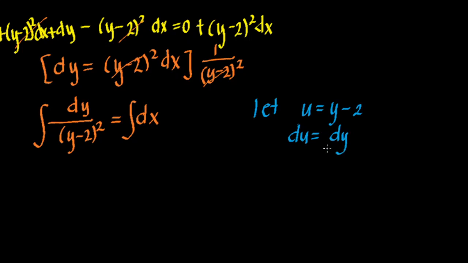So we'll change all the y here with u, and we have dy is just du, so we have du here over our y minus 2, which is just this u, so we have u squared here is equal to integral of dx.